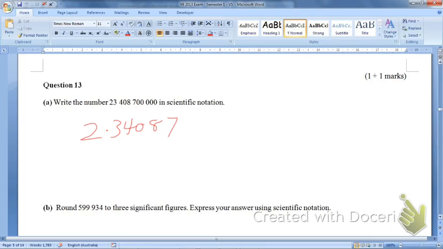All of the numbers that are non-zero, rewrite. Then 10 to the power of, how many jumps have we gone? 1, 2, 3, 4, 5, 6, 7, 8, 9, 10. So it's 10 to the 10. Count all of them, starting from where the decimal point is originally.